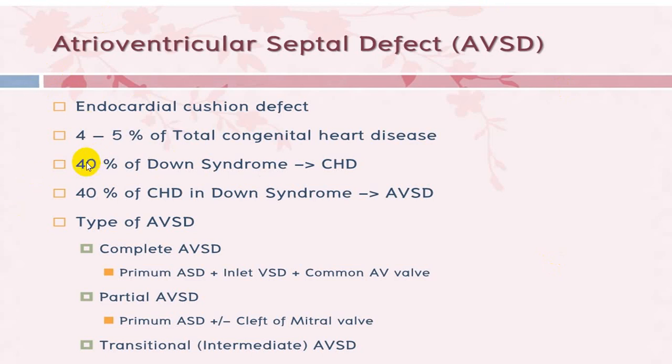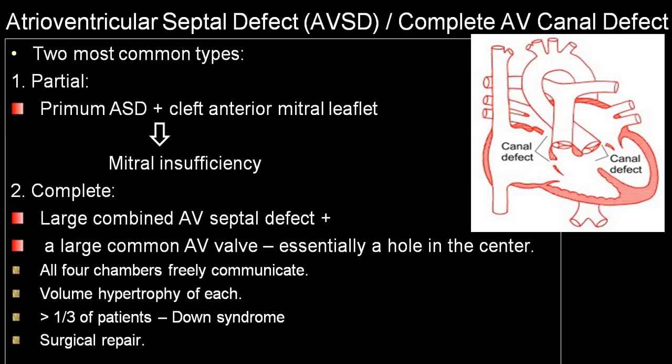Almost 40% of the time Down syndrome is a common cause of atrioventricular septal defects. In a complete atrioventricular septal defect, you will have a septum primum defect with mitral valve defects and VSD. All three things will be together, and it is very common in Down syndrome.